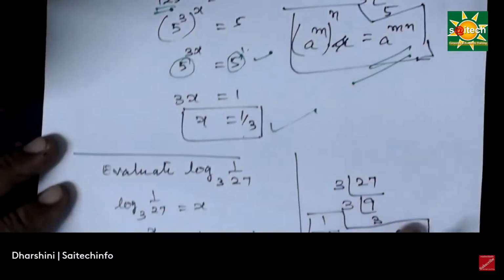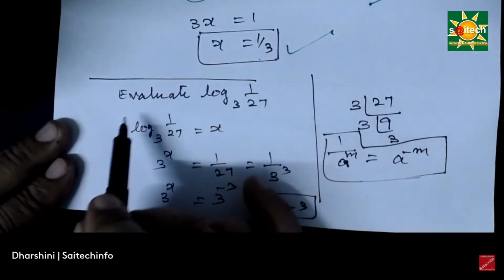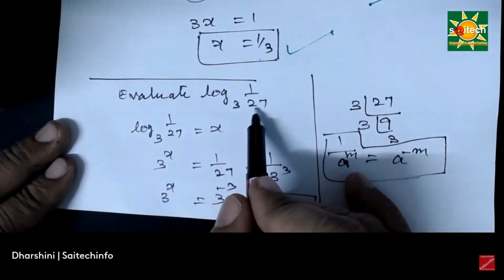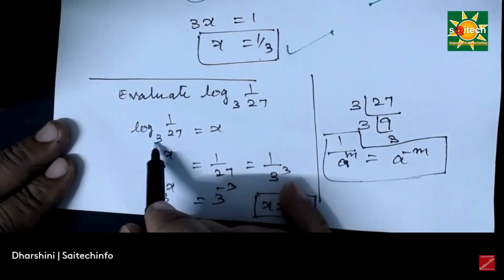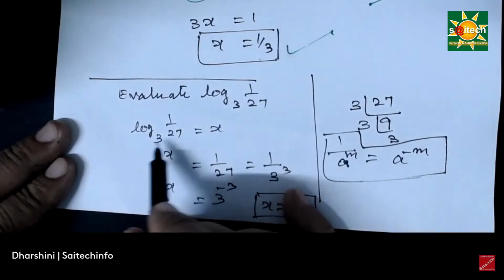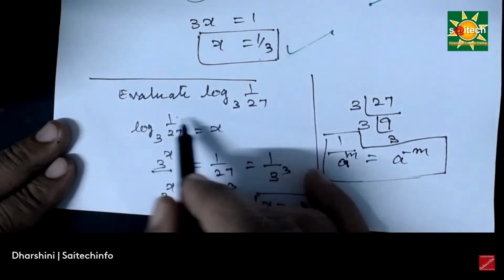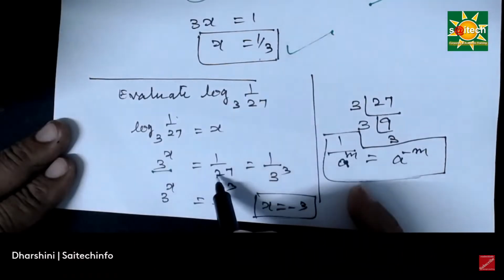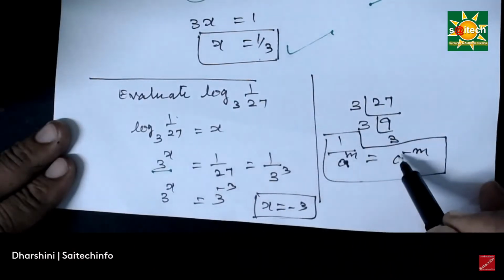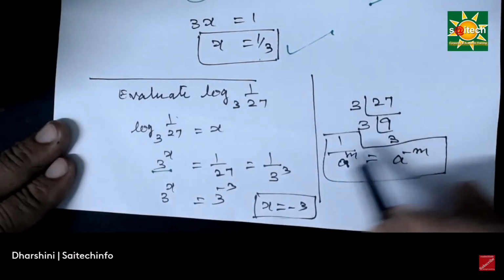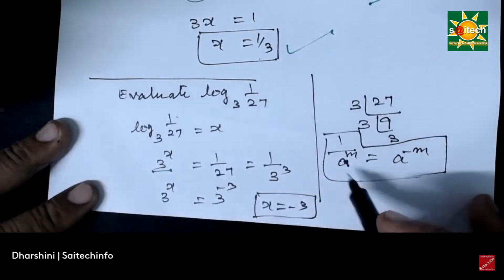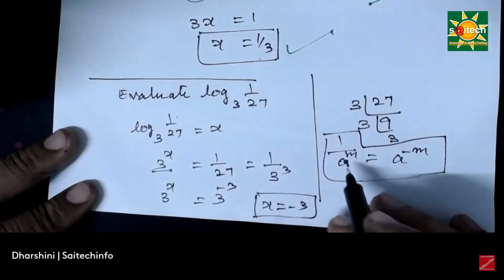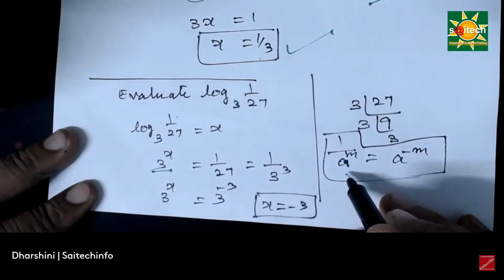Next, evaluate log 1 by 27 to the base 3. So log 1 by 27 to the base 3 is equal to x. So 3 power x is equal to 1 by 27. So 27 is the bigger number, that can be factorized, so that becomes 3 cube. So 1 by 27 means 1 by 3 cube, and you can apply the inverse operation.